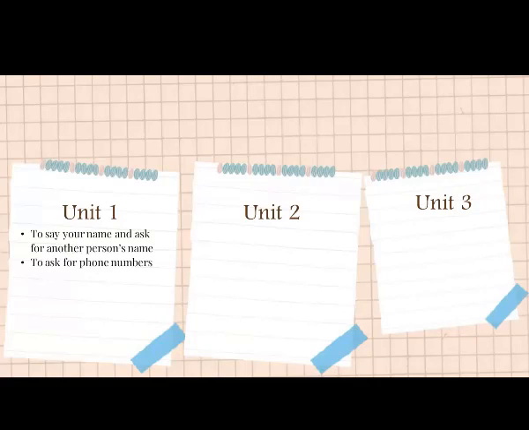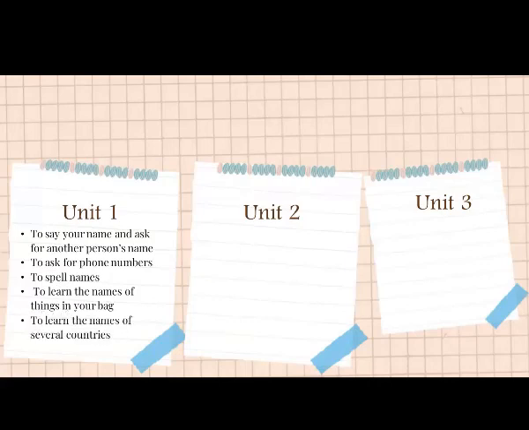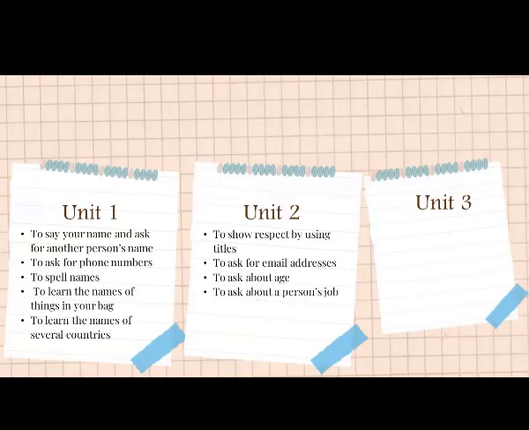You'll also be able to ask for phone numbers, spell names, learn the names of several countries, show respect by using titles, ask for email addresses, ask about age, ask about a person's job, to start and end a dialogue, and this is in Unit 2.